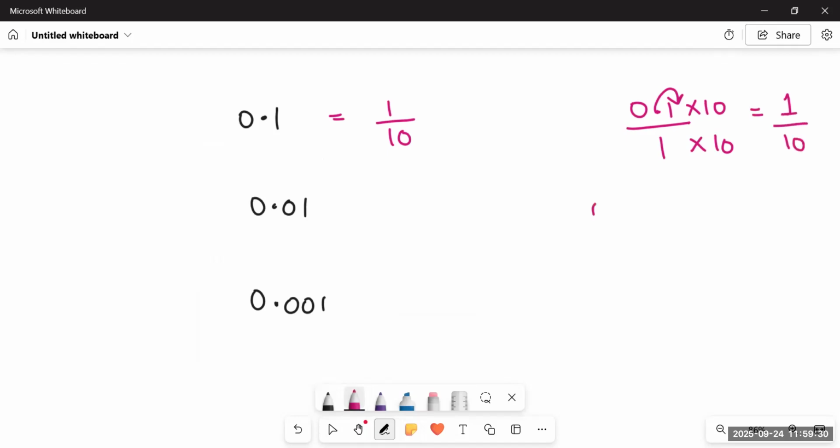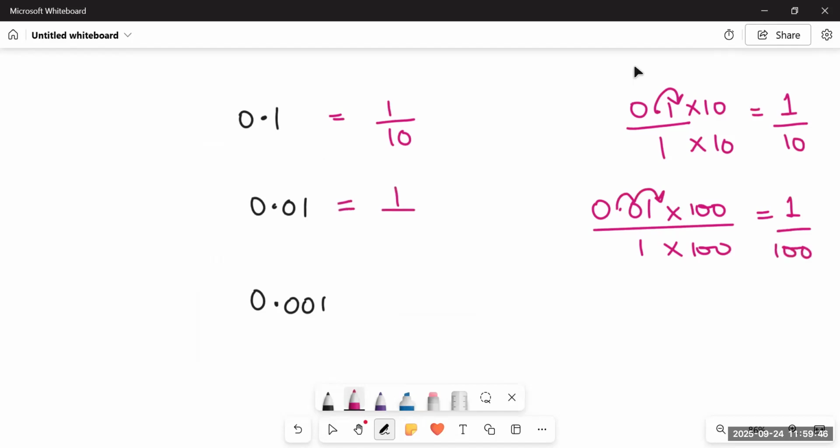Similarly, when we multiply 0.01, since it has two decimal places, we multiply it with a number having two zeros, that is 100. So it's going to become 1 over 100. So 0.01 is equal to 1 upon 100. And similarly, 0.001 is equal to 1 upon 1000.